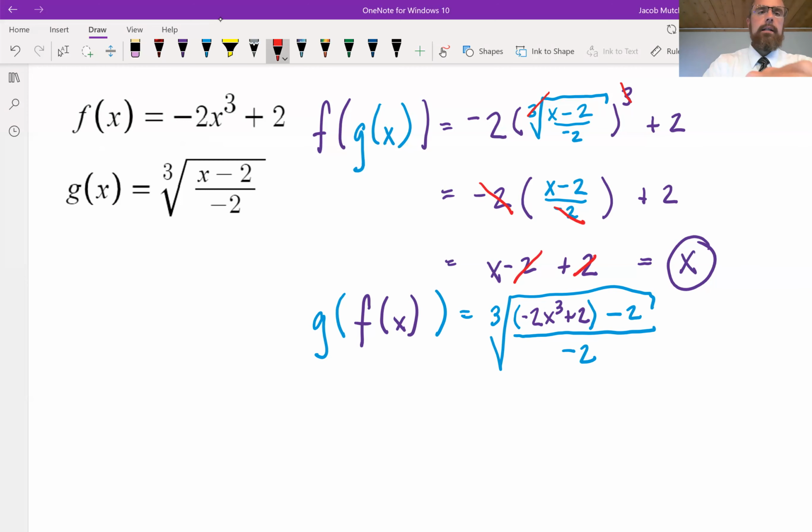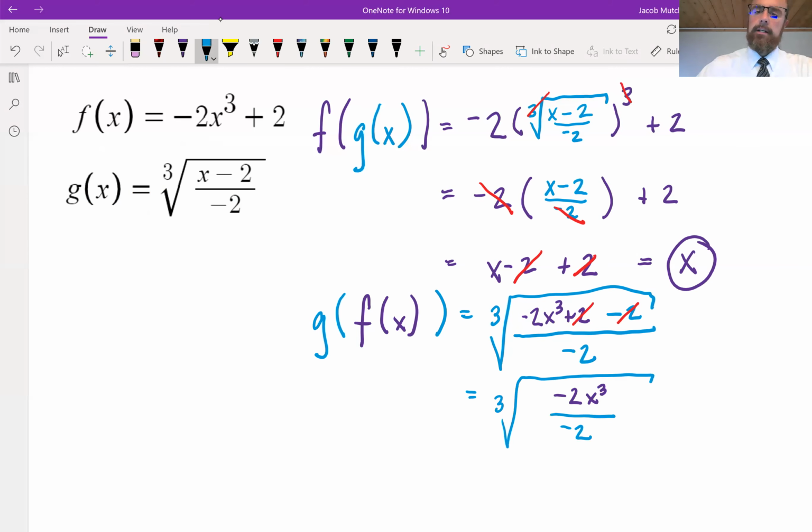So at that point, I can let the parentheses go within this numerator expression. Once I do that, I see I have an immediate cancellation of 2 minus 2. What I have left is the cube root of negative 2x cubed, all divided by negative 2. So at that point, I see a division cancellation.